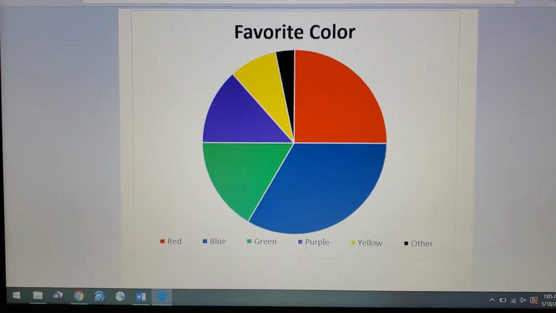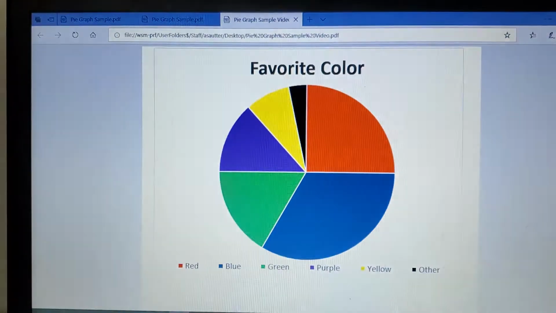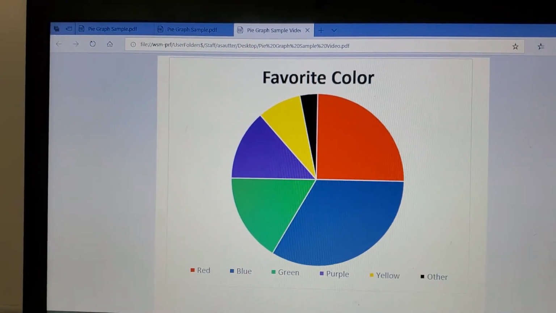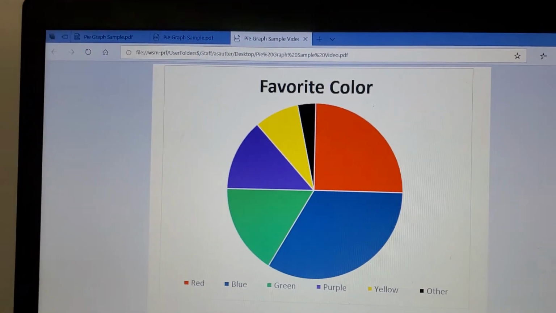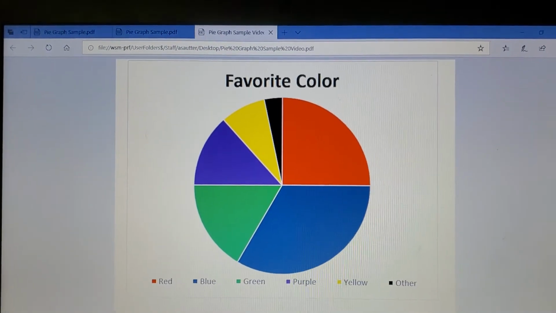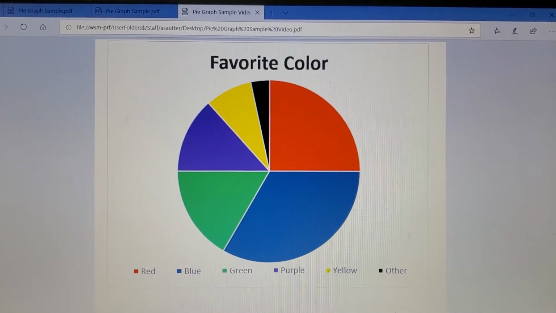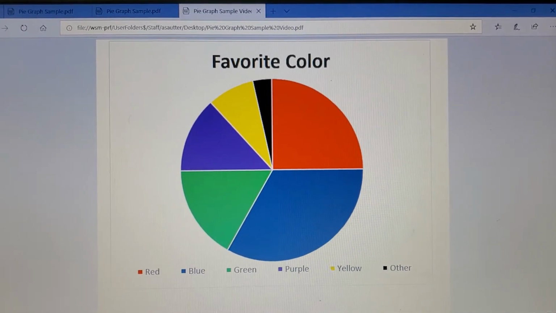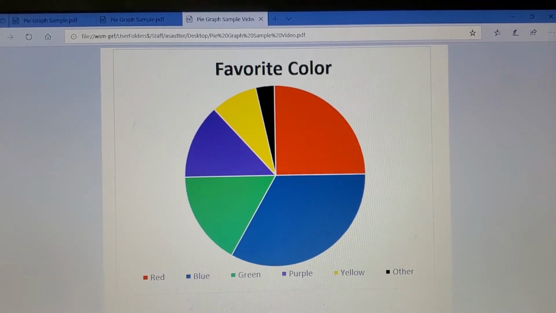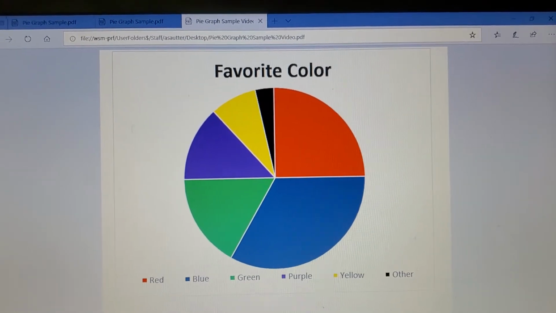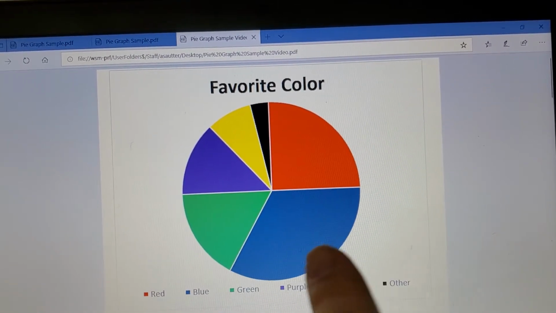Now, when we had our bar graph, it was okay to have our bar go up, but we needed a line to reference it to. Did it go up to 8? Did it go up to 12? What was that number? Well, a pie chart doesn't have to always give you quantity, because visually you can see however many people answered this question, most people chose blue because it's the biggest.